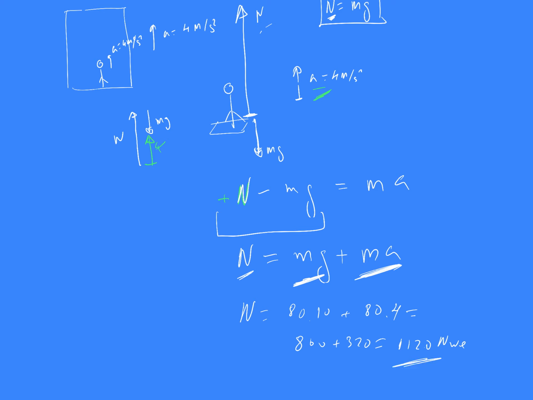The normal force, the measure of the object in the first case of constant velocity, was only 800, was mg. Now the measure of the apparent weight, of the normal force, is 1,120 newtons going up. Please do it going downwards and see that the normal force will be smaller. Let's go to the next problem.